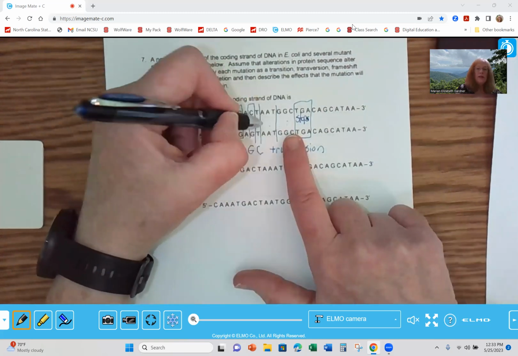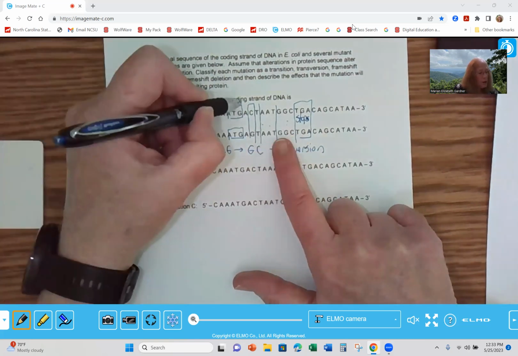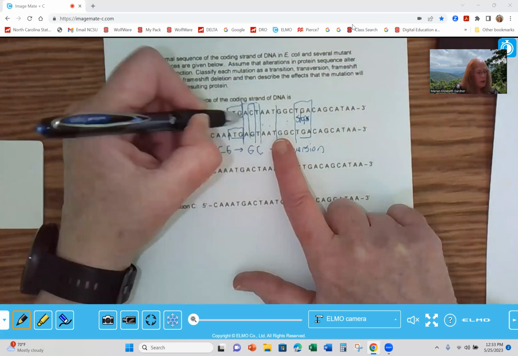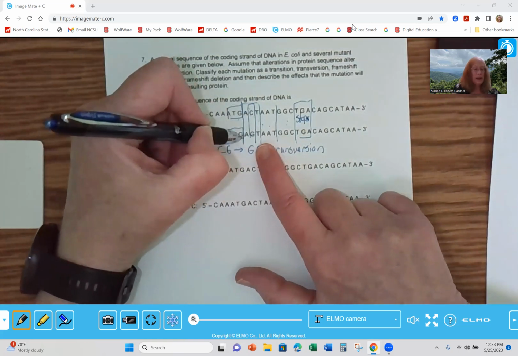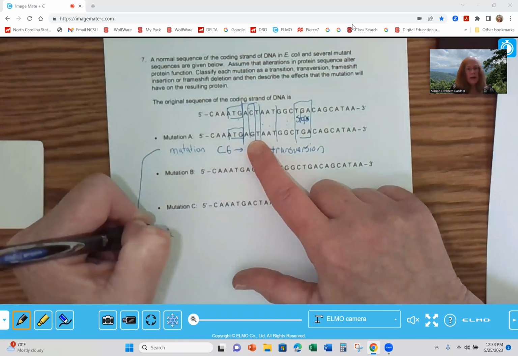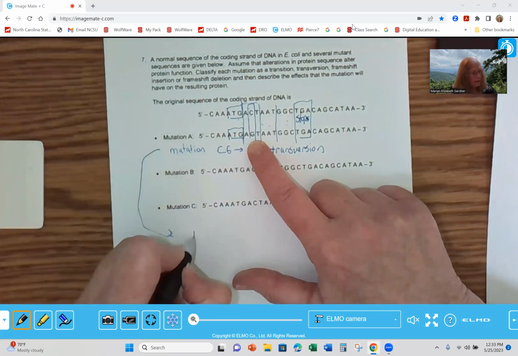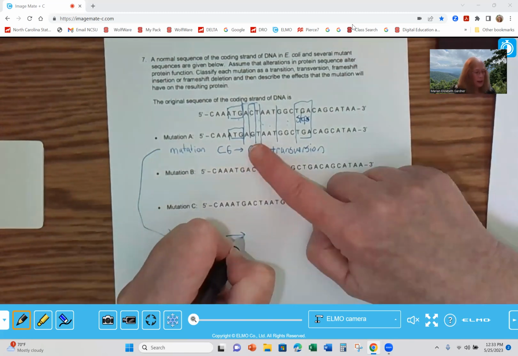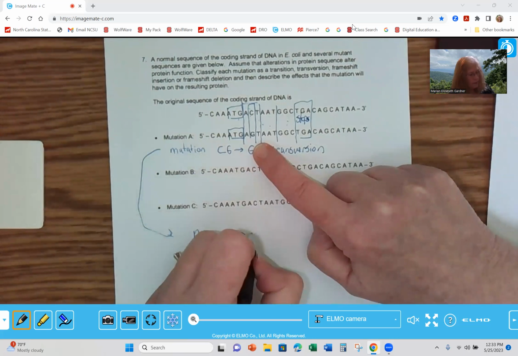These don't change at all. Those don't change. The only base we changed was right here. So that means the only codon we messed up was right here. ACU, and I'm just going to scribble down here. Our codon of ACU went to a codon of AGU.